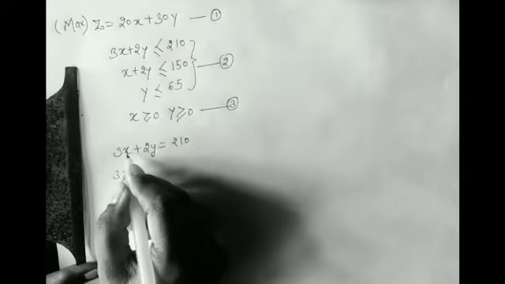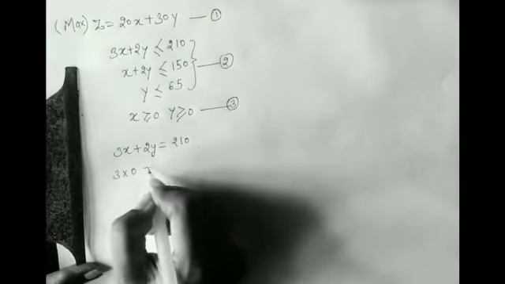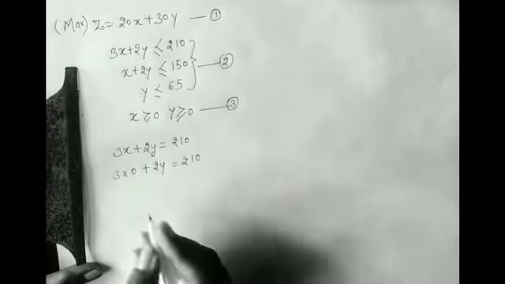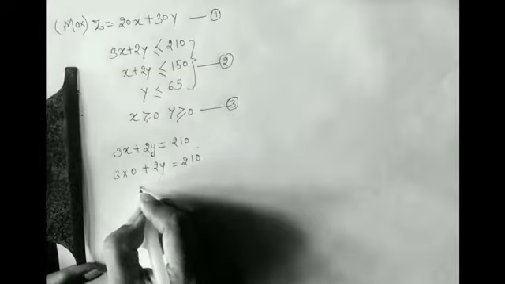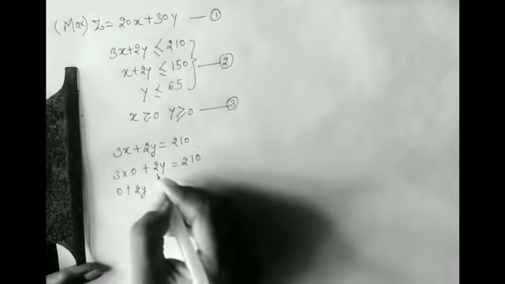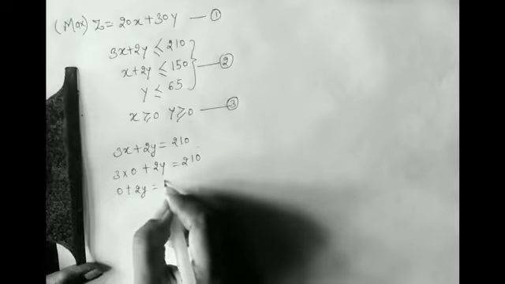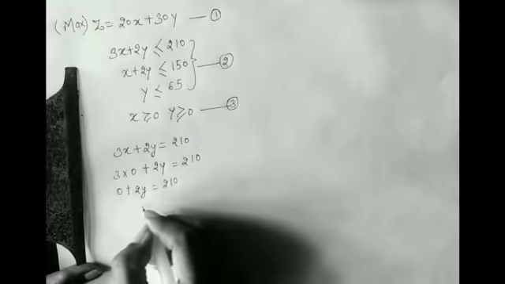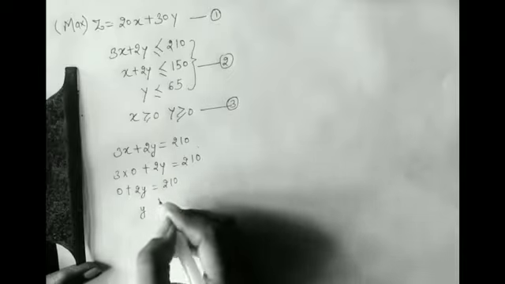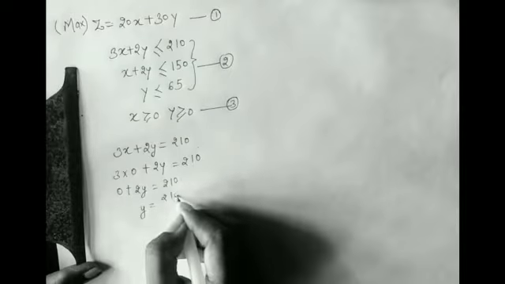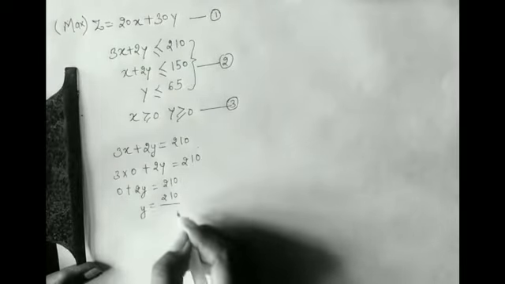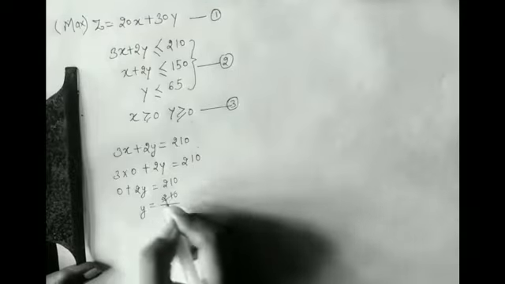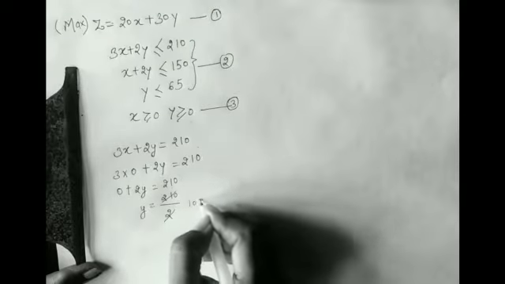So 3 into 0 plus 2y equals 210. 3 into 0 is 0, so 2y equals 210. That means y equals 210 upon 2, which is 105.